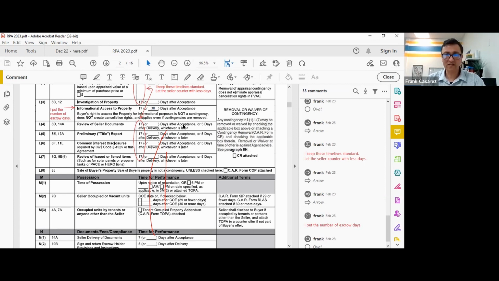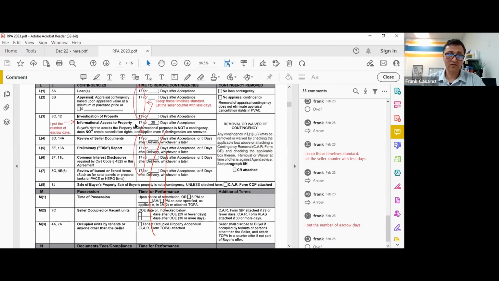If a seller and a listing agent like that price, but they don't like the contingencies being the standard amount of days here, they're going to counter back and ask you to lower some of these. More than likely, they're going to ask you to lower the appraisal contingency. I'm sorry, the inspection contingency right here. That's probably going to go down from 17 to 10, sometimes even 7.